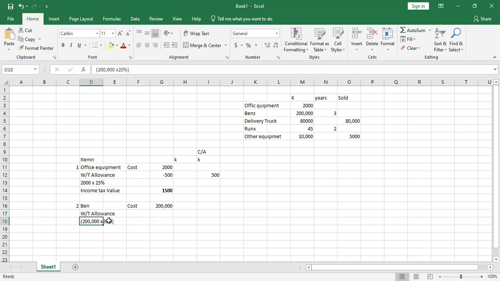For a non-commercial vehicle, it's 20%. Okay. But anyway, don't worry. These things are there even in the paper. When you check the formula sheet, they are there in the formula sheet. You don't really have to worry as much.